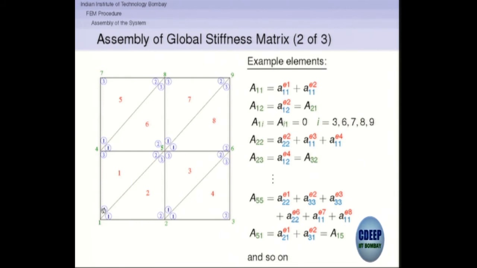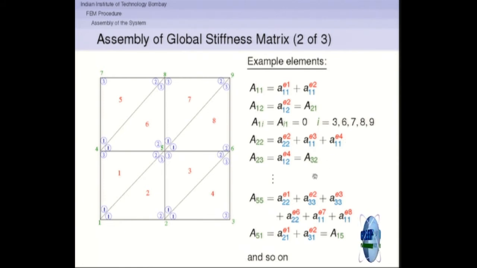Just see, this is node 1 of element 1 and this is node 1 of element 2. That is why it is A11 of E1, A11 of E2, right. Similarly, take one more, A22. On this global node 2, there are 3 elements incident: node number 2 of element 2, node 1 of element 3 and node 1 of element 4. So, that is why it is A22 of E2, A11 of E3 and A11 of E4.